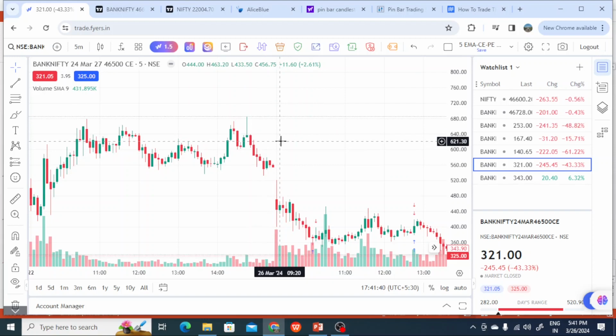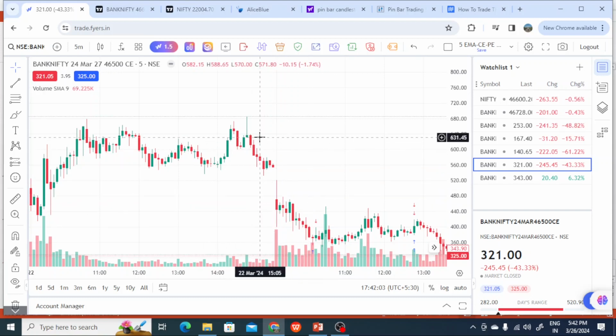If you have good enough money, you can short sell this 46,500 CE option after this bearish pin bar on the call option. As you know, by selling options, you have a double edge.